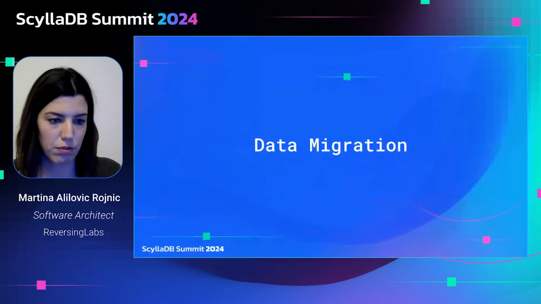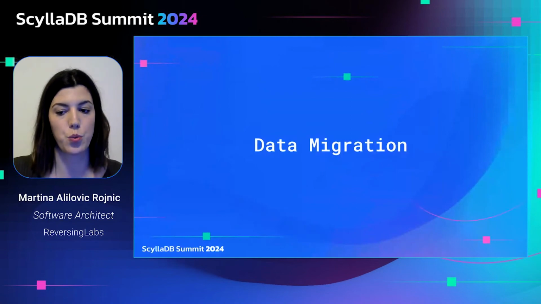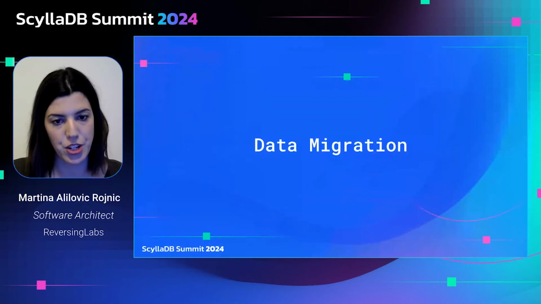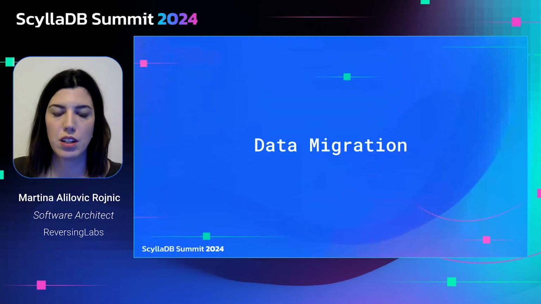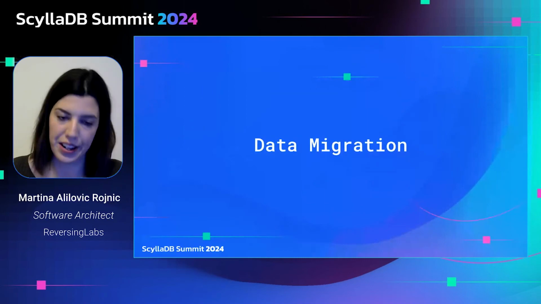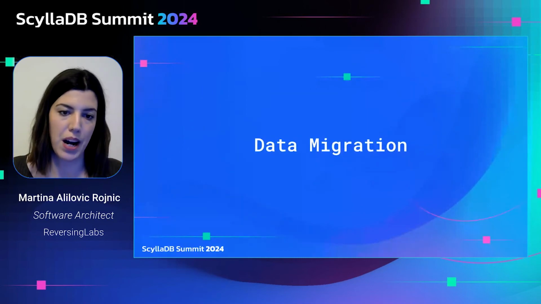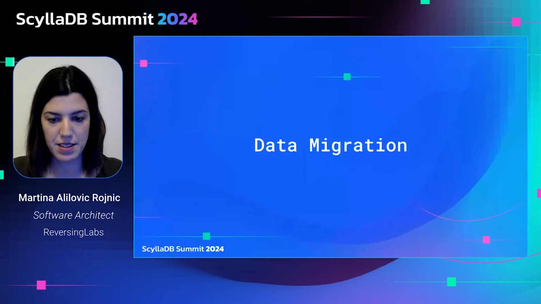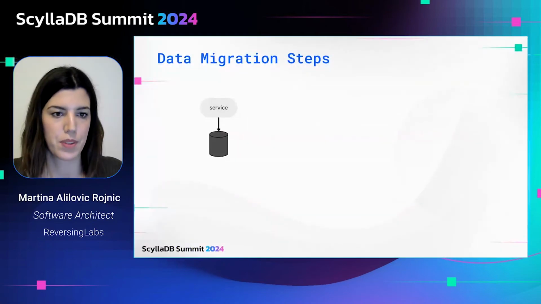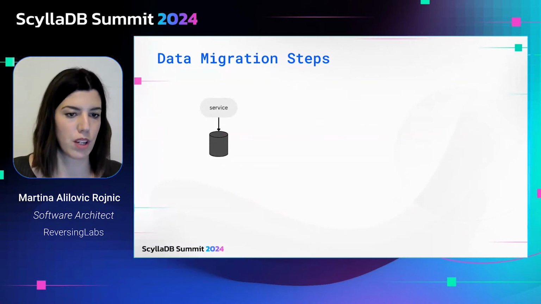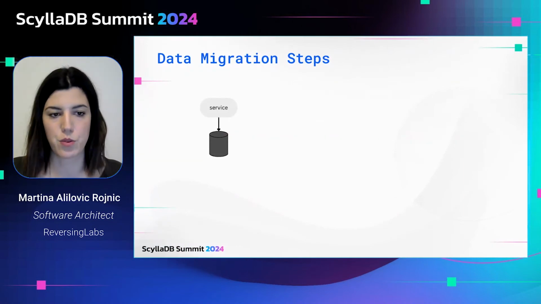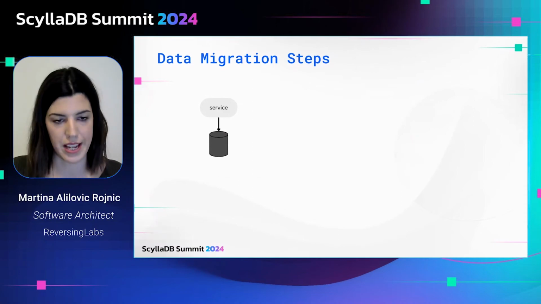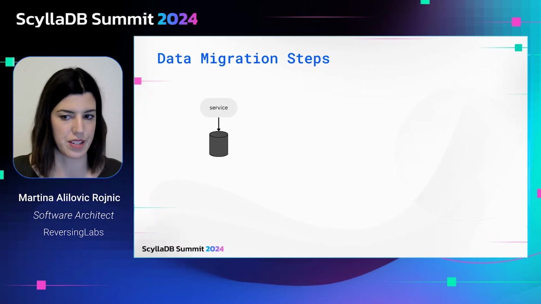So first, we started with the data migration. After the models were ready, we were ready to migrate all of the databases to the Scylla cluster. So this is a simple service that writes data to a single database, and it's the owner of this database.